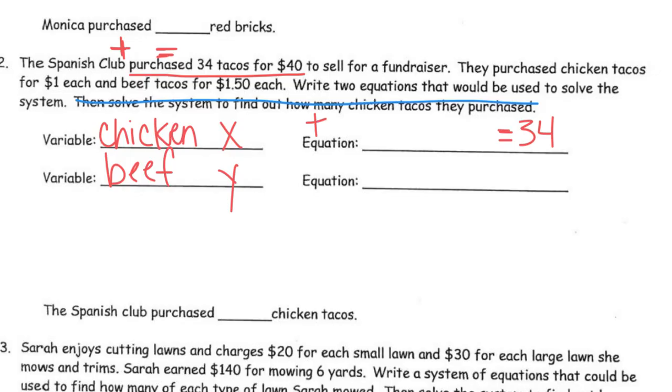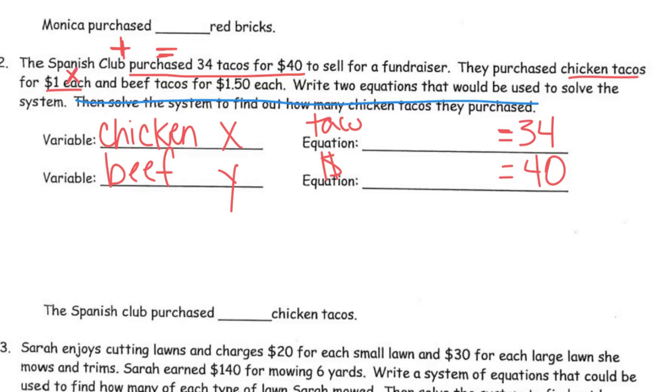This is going to be our taco equation. And it's also going to have a second one that equals $40. So we're going to have a money equation. It says they got chicken tacos. What letter did we use for chicken? X. For $1 each.